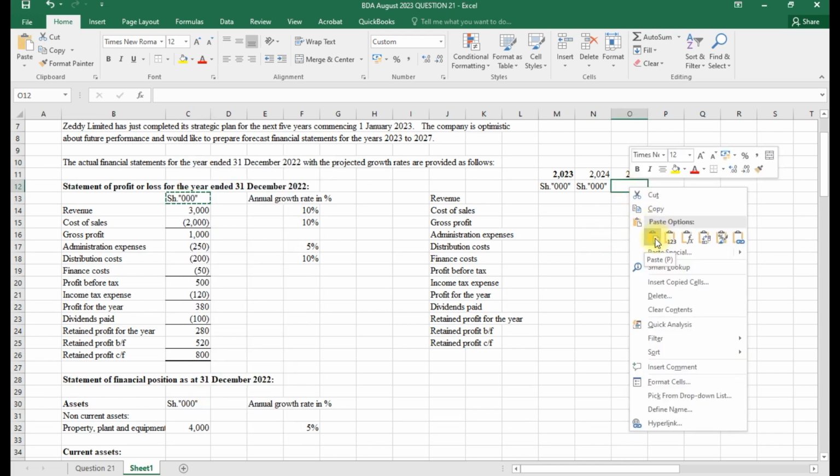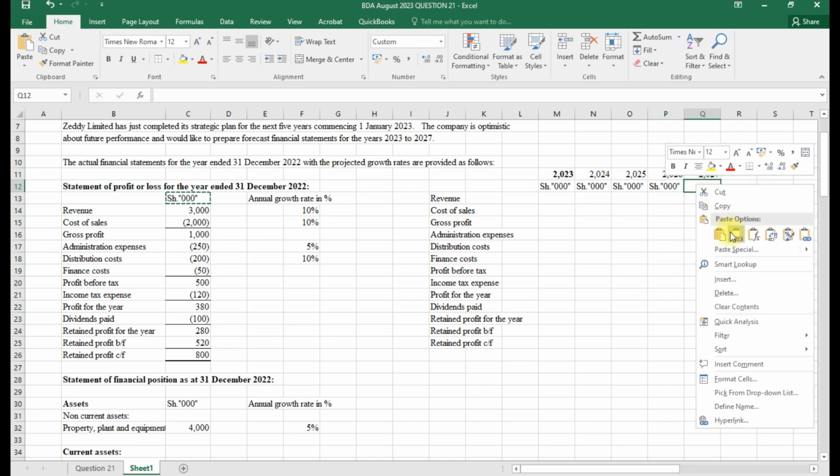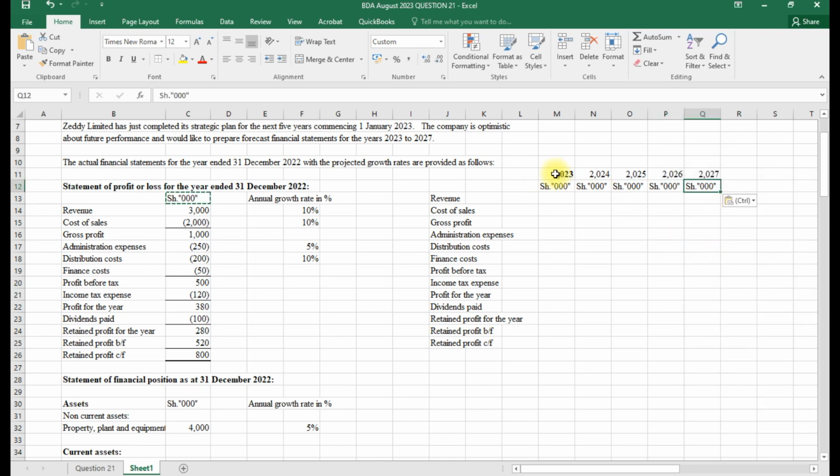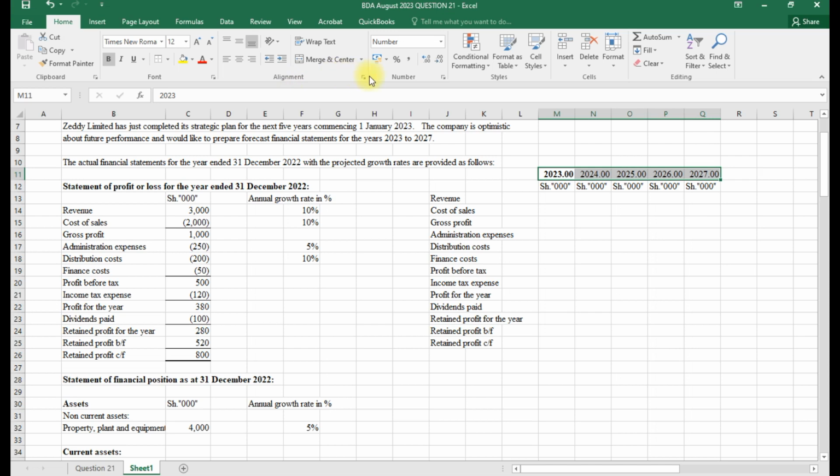Insert, paste, yeah, that way. This one I want it to be number with 0 decimal, and I bold that, and I'll underline, put bottom border.